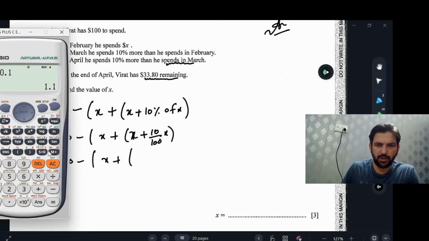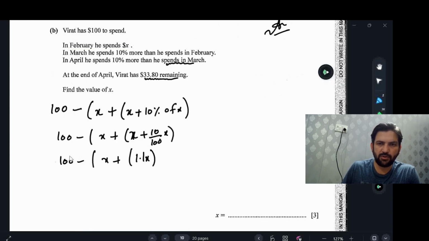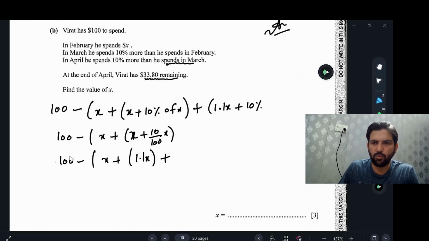So 1.1X plus, now they are saying 10% more than he spent in March. In March he spent 1.1X, plus 10% of 1.1X. This one is for February, this one is for March, this one is for April.